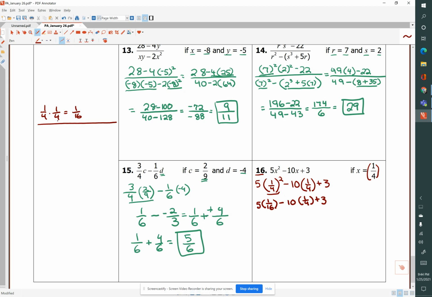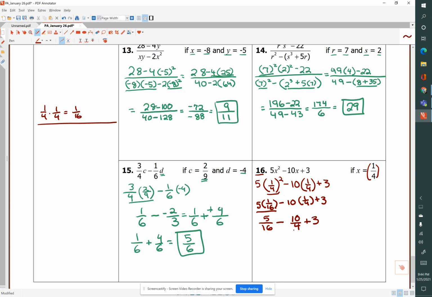So 5 times 1/16 is 5/16. And 10 times 1/4 is 10/4. So 5/16 minus 10/4, and then we add the 3.